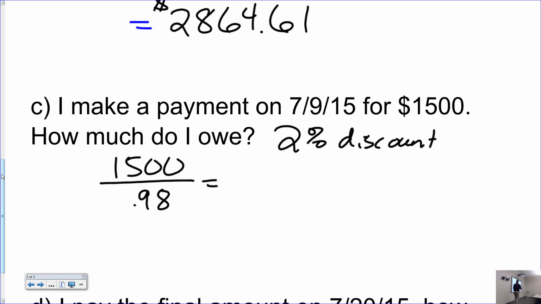So to figure out how much our partial payment is worth, take the payment, divide by the complement of 2%. Where do we wind up this time? Should be 15 something. 1530.61. Sounds good.